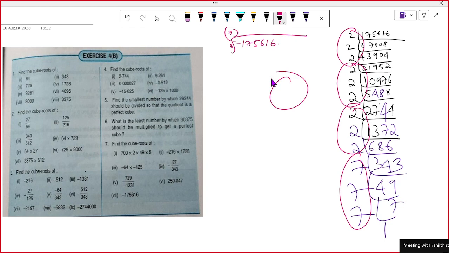Okay, 4B done, students. Any doubt in this? 4A, 4B, 3A, 3B. All those chapters are done. Even exponents is done. So, 5th and 6th, you will do in the last, no, sir? Now I'll do that.